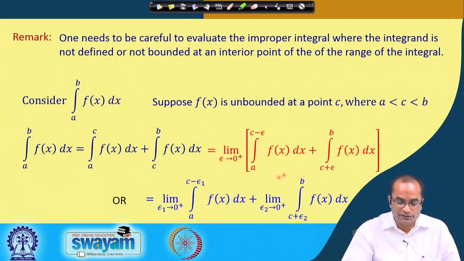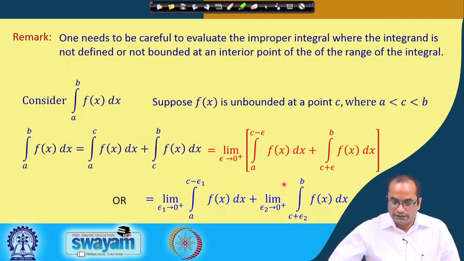So, we have now considered these two integrals differently. Here we introduced one epsilon and avoided the point that way. In the case when we have convergent integrals, there is no problem whether you take this one or this one, it will come out the same.